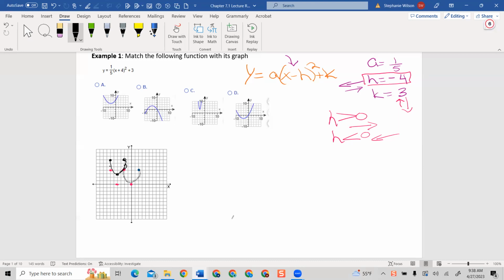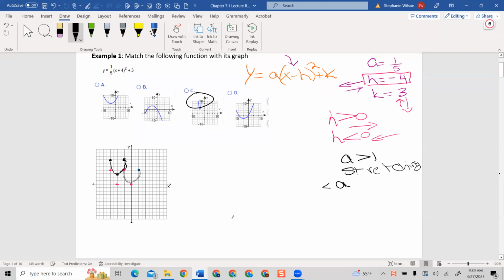Based upon that, let's talk about a. A says that if a is greater than 1, then we have a stretching going on. What do I mean by stretching? A good example is C here. We have the stretching going on.